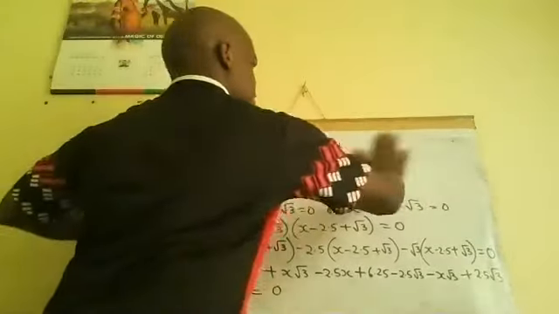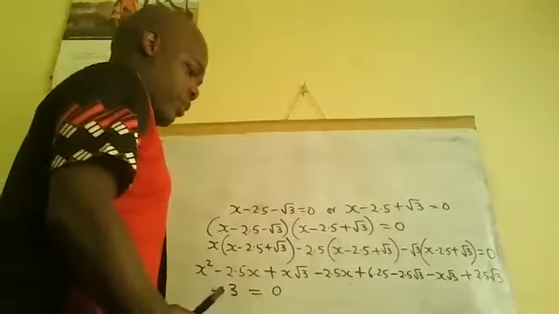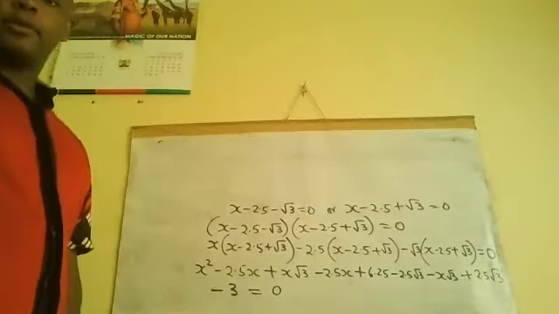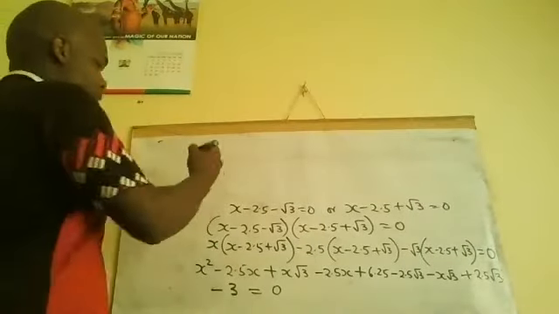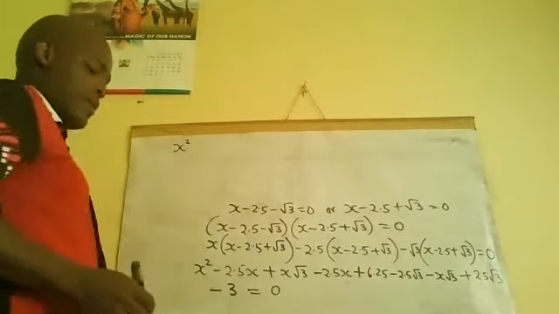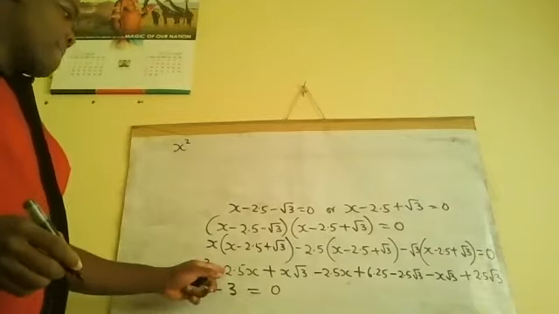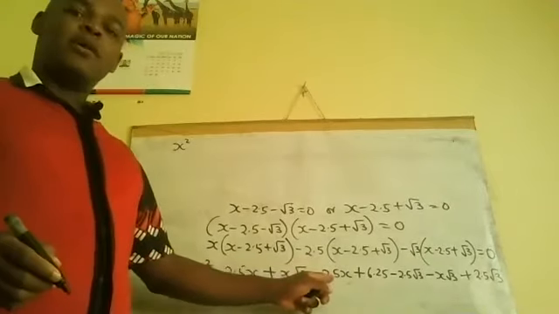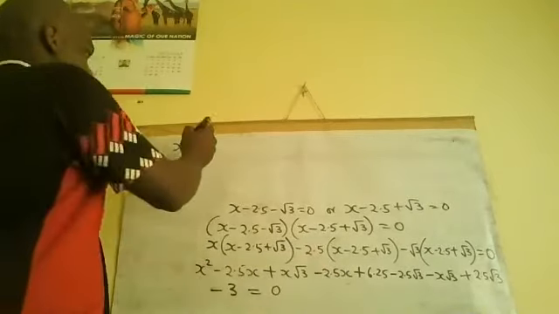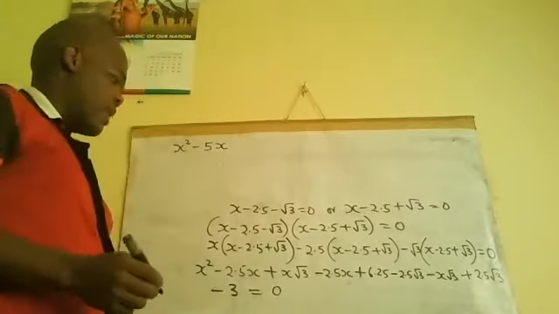And then let me continue with the question up there. So you will be having x squared, then minus 2.5x minus 2.5x is minus 5x.